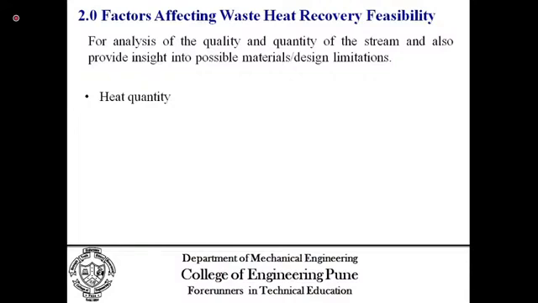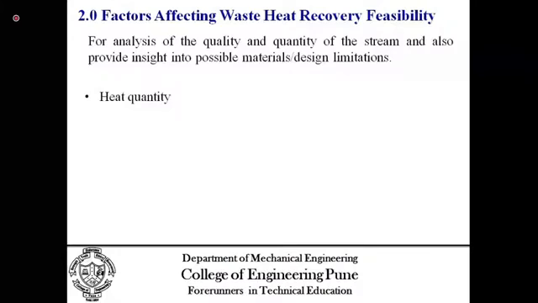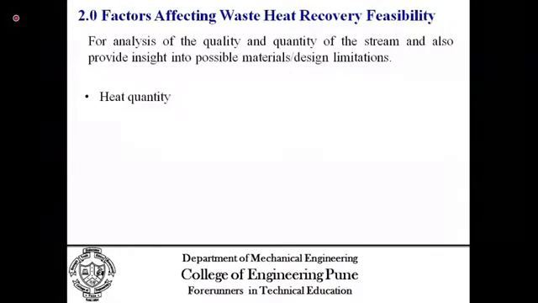Cp is the specific heat of that fluid, and delta T is the temperature difference. If it is steam, then this Cp will be replaced by the latent heat h, but it will give you what is the quantity of heat available.